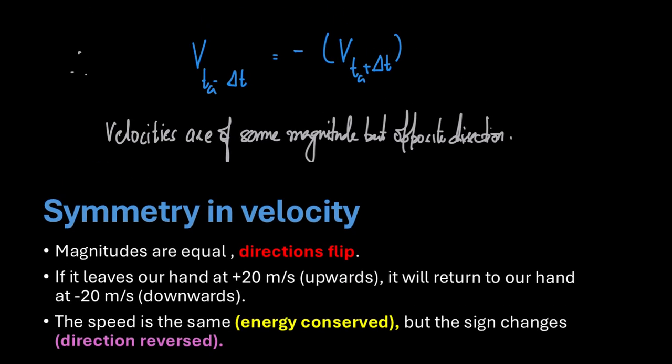If it leaves our hand at 20 meters per second upwards, it will return to our hand at the same speed, the same magnitude, 20 meters per second, but with the direction flipped: positive 20 going up, it comes to our hand at negative 20. The speed is the same, and therefore energy is conserved, but the sign changes, which means the direction of motion is reversed.